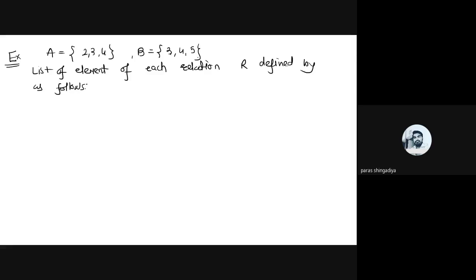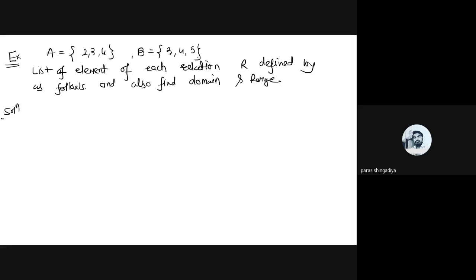Then we have to list the elements of each relation defined as follows, and also find the domain and range.